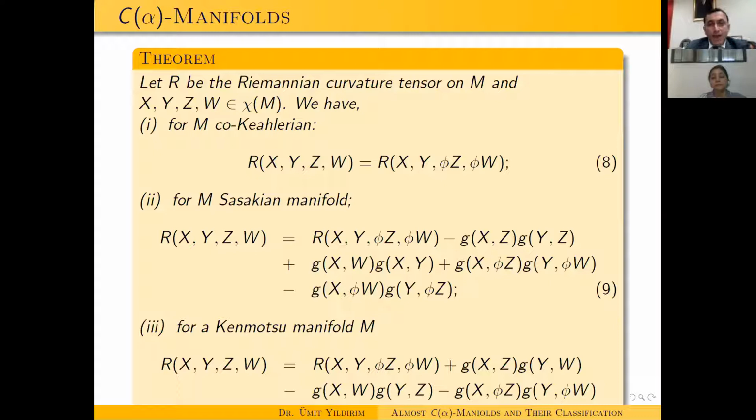We have equation 8: R(X, Y, Z, W) equals R(X, Y, phi Z, phi W) for a co-Kählerian manifold. For a Sasakian manifold M, R(X, Y, Z, W) holds equation 9. For a Kenmotsu manifold M, equation 10. You see the difference in these equations.